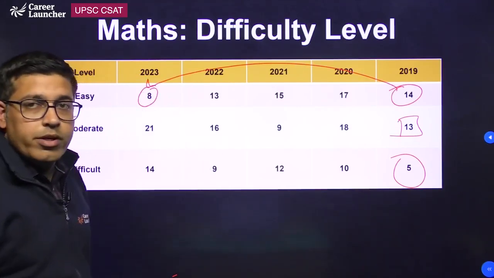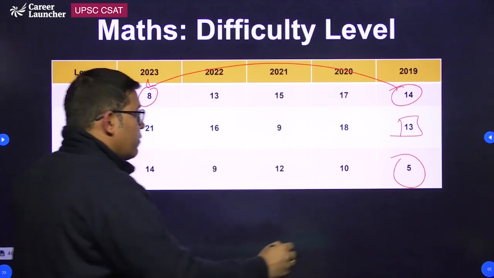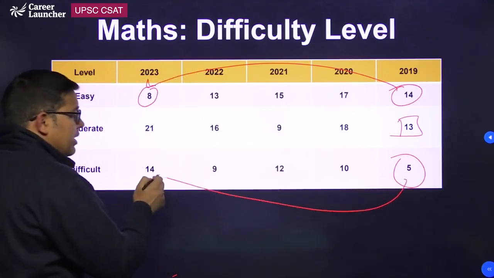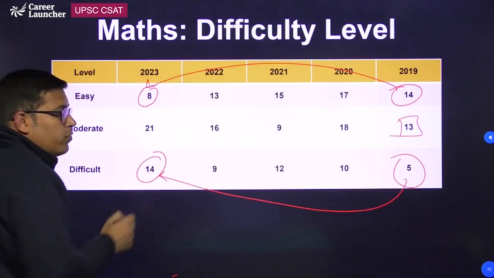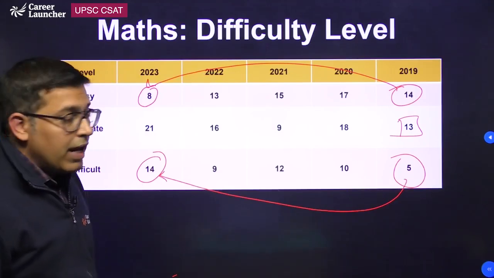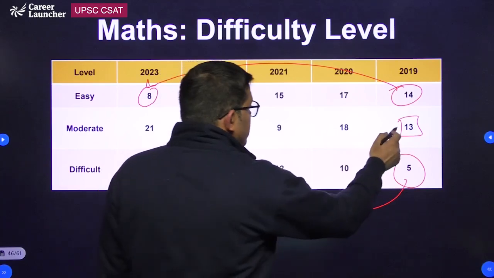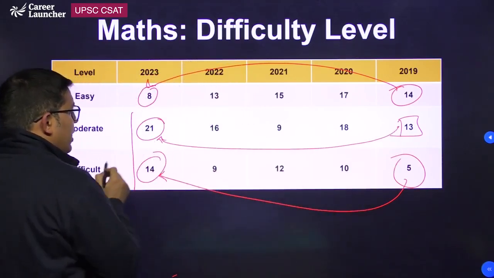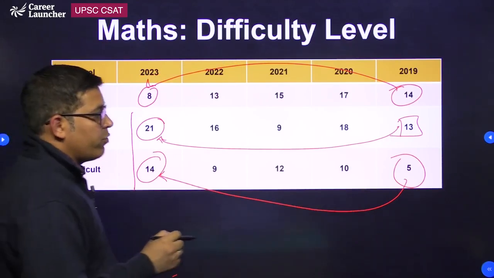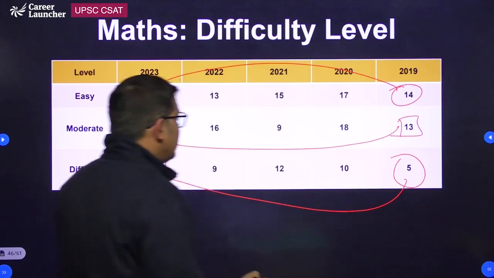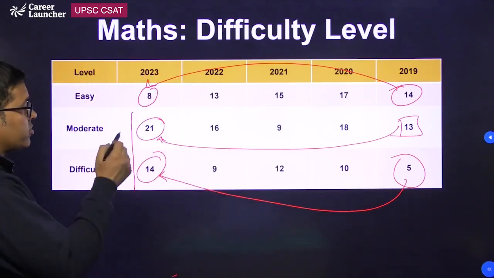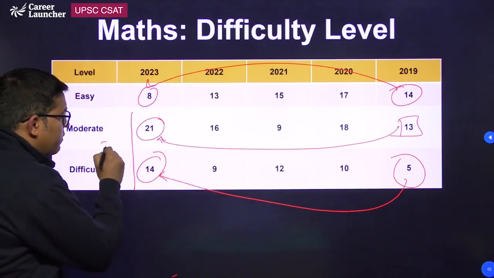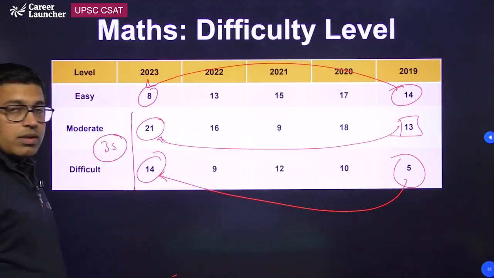The easy questions have been reduced to 8. From 5, the difficult questions have increased to 14. And the moderate difficulty questions have increased from 13 to 21. So overall, your above-average level questions, which were 18 in 2019, are 35 in 2023. That means double.